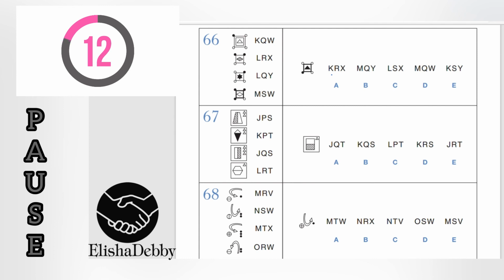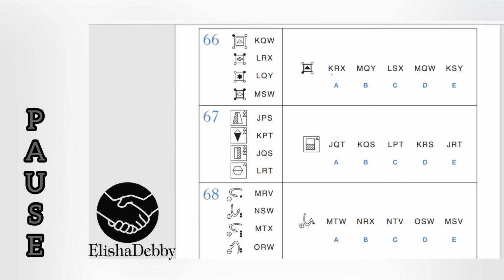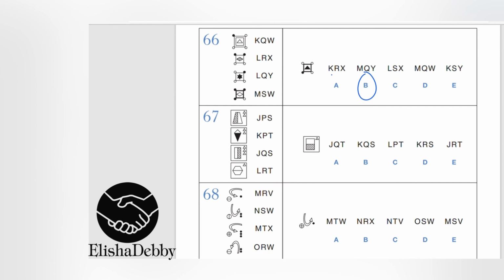Now I can reveal the answer. I can tell you that number 66 is B, 67 is E, 68 is C. Alright, so make sure you do the remaining exercises.